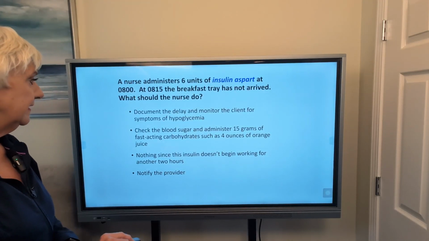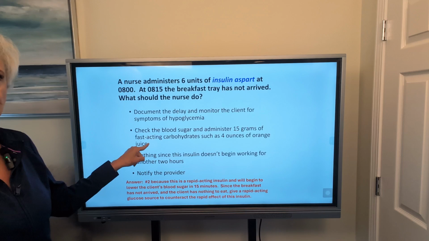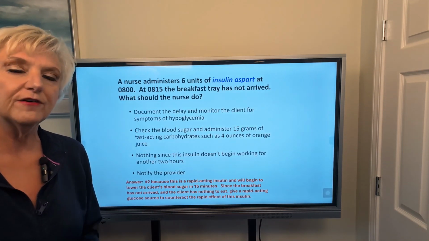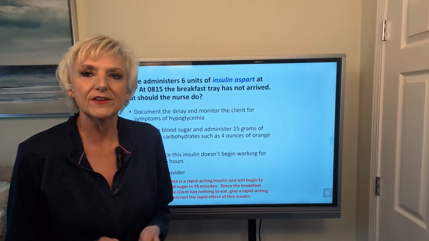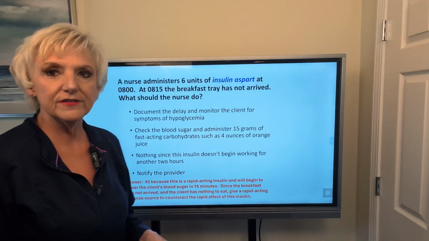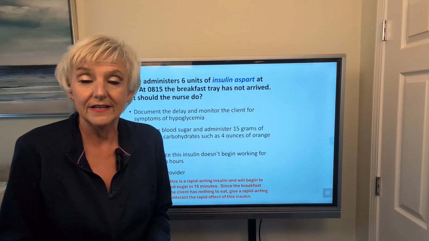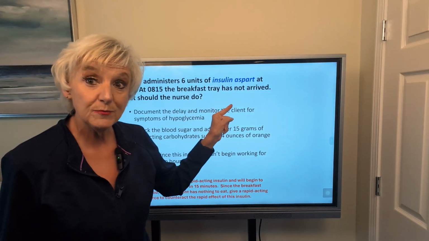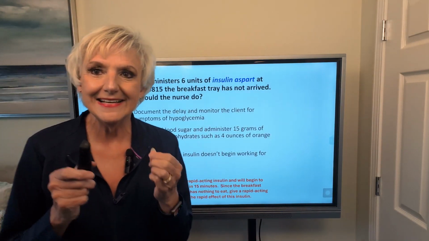Okay, well, the answer is number 2. Check that blood sugar and administer 15 grams of quick-acting carbohydrates, something sweet, like 4 ounces of orange juice that has its own sugar in it, and that will get that sugar up. The reason being, insulin aspart is a rapid-acting insulin.